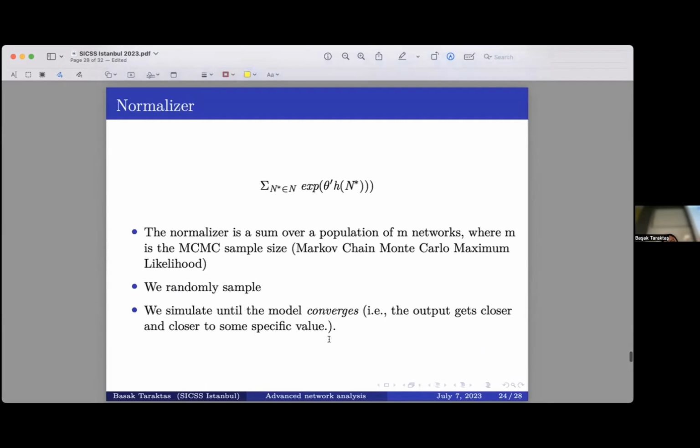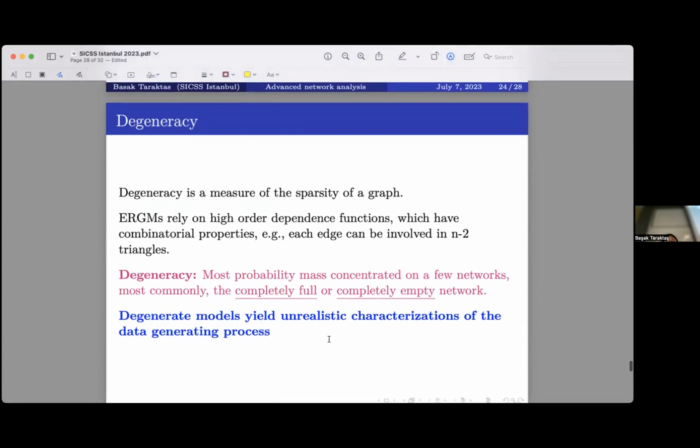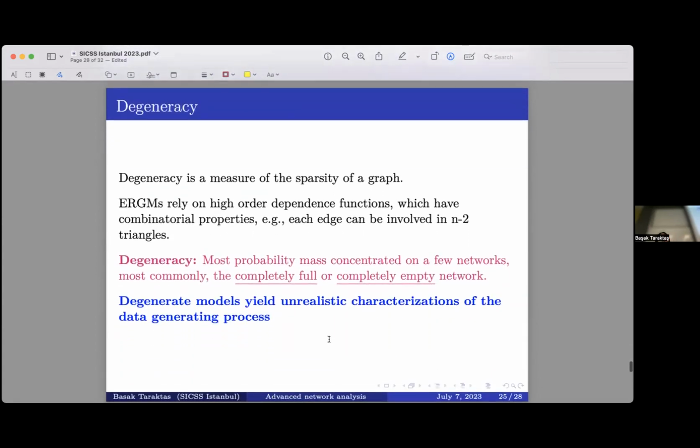Okay, let's go back to the technicalities of ERGMs. So ERGMs are wonderful. I love them. You're gonna love them as you work with them and play around with them. One vulnerability they have is this problem we call degeneracy. So degeneracy is a measure of the sparsity of graphs.